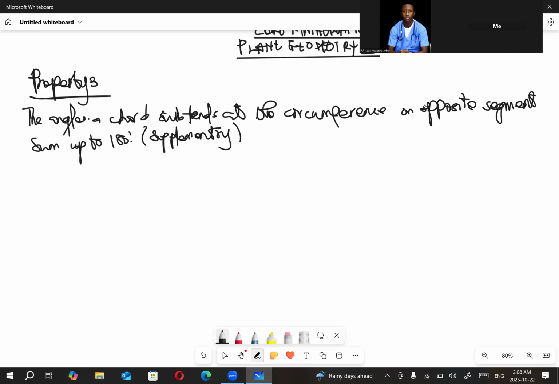So the angles a chord subtends at the circumference on opposite segments are supplementary. There is an error in the spelling. It should be supplementary.